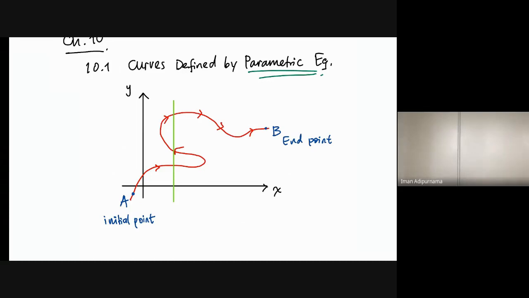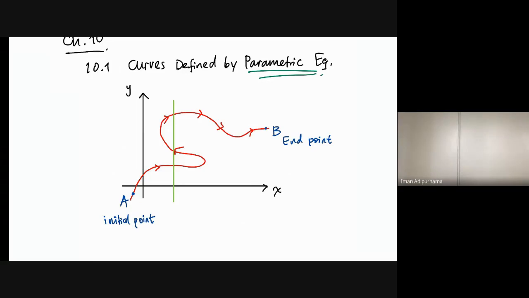Imagine x and y is position, change in position, but in 2 dimensions, not 3. So in 2 dimensions, the horizontal one and the vertical one. So it's changing positions, and each time it changes positions, it depends on time.